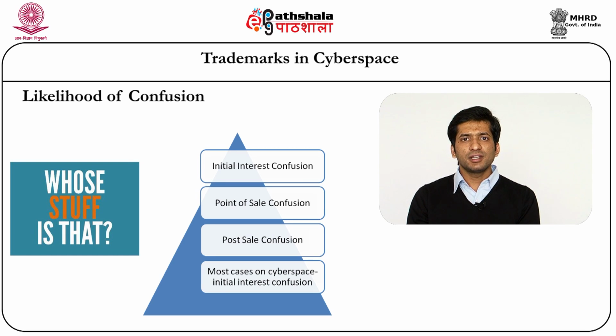For example, when two competing products bearing a similar trademark are placed side by side in a store or in a supermarket, the consumer is likely to be confused at the point of sale and likely to pick up a product believing that he was picking up a different product. This is called point of sale confusion.